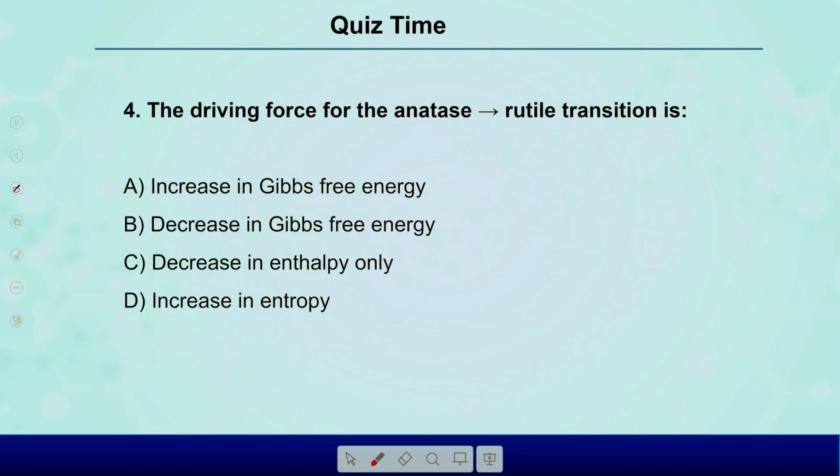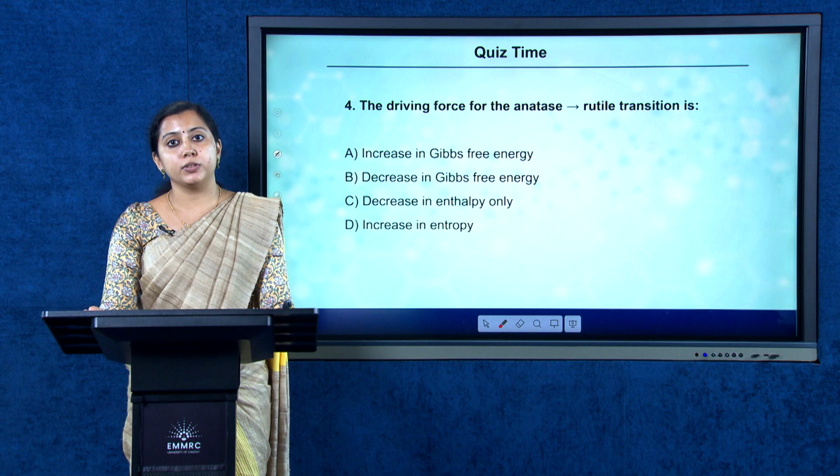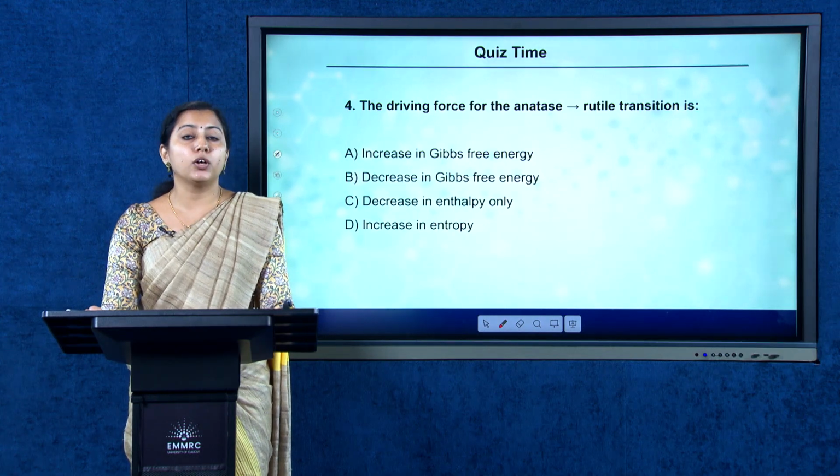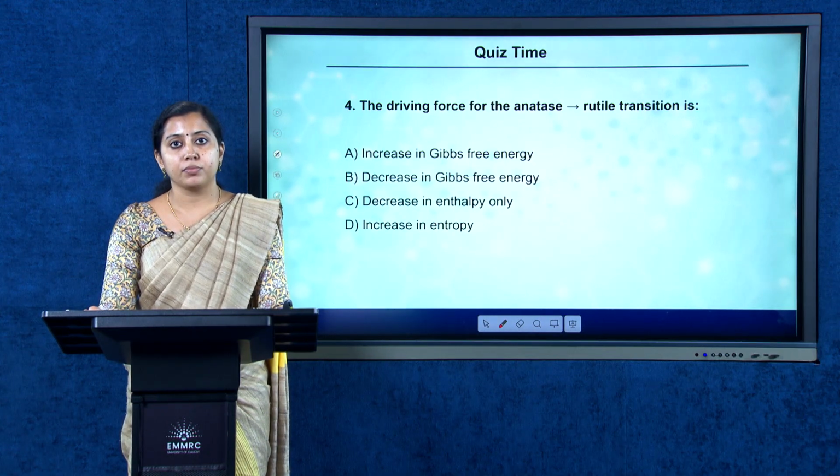Now, we will move on to the fourth question. The driving force for the anatase to rutile transition is option A, increase in Gibbs free energy, option B, decrease in Gibbs free energy, option C, decrease in enthalpy only, option D, increase in entropy. So, the main driving force for any structural transition is a lowering of the Gibbs free energy.